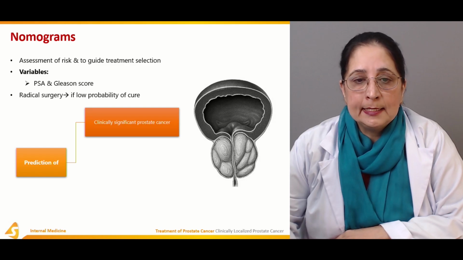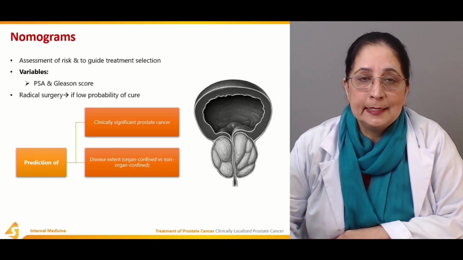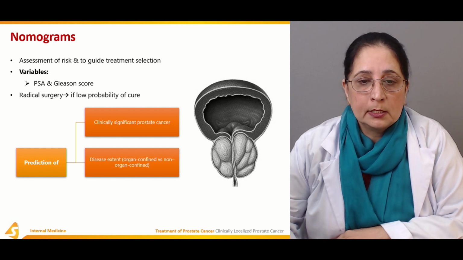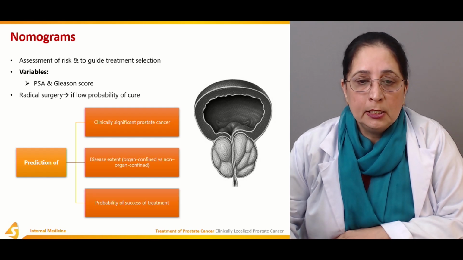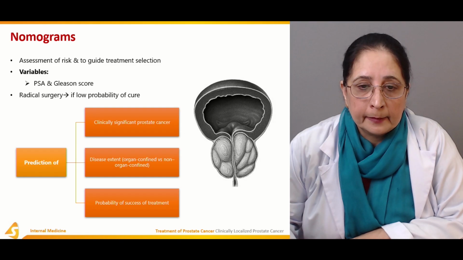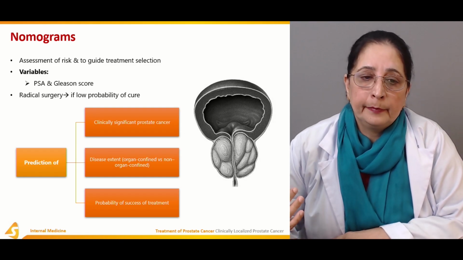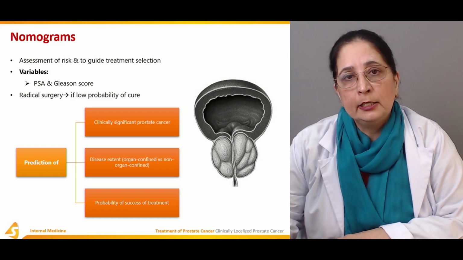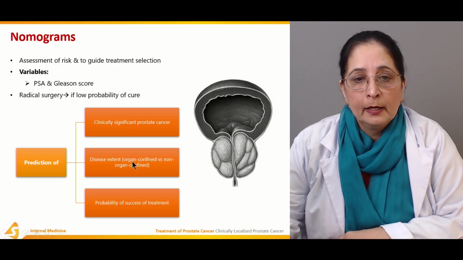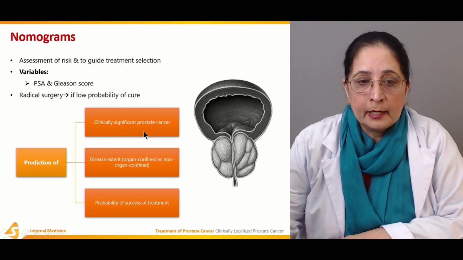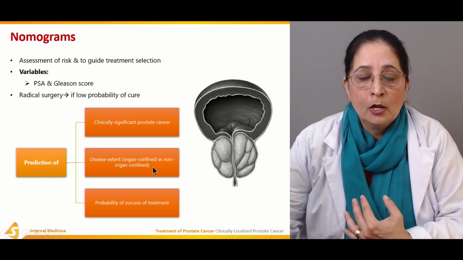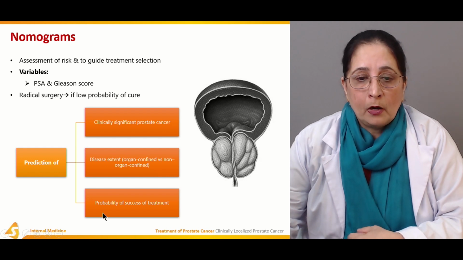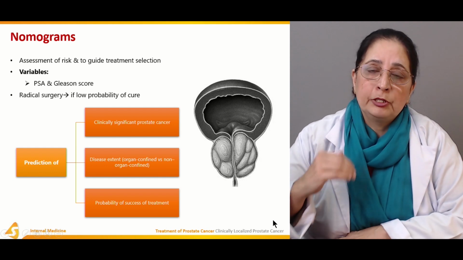Prediction of clinically significant prostate cancer, disease extent, organ confined versus non-organ confined, and probability of success of treatment. So the nomogram leads to prediction of all these: whether it's clinically significant prostate cancer, the disease extent, organ confined or non-organ confined, or the probability of success of the treatment.